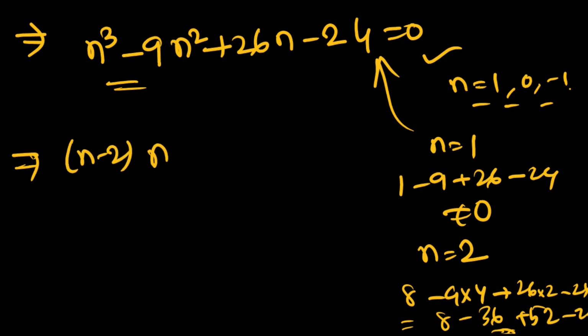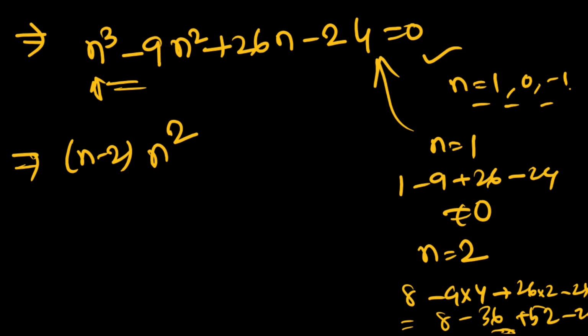Since n minus 2 is a factor, we try to find the other factor, which is the quadratic term. So how to find this quadratic? First we make n cube: n minus 2 multiplied by n square gives n cube, and the second term is minus 2 n square.